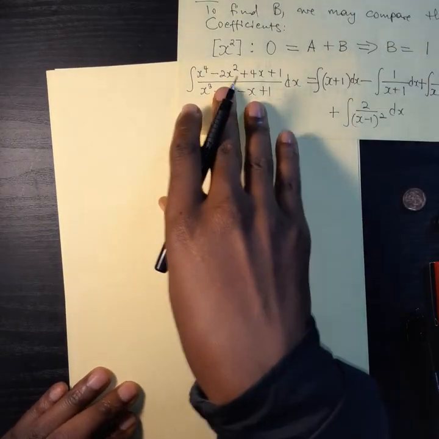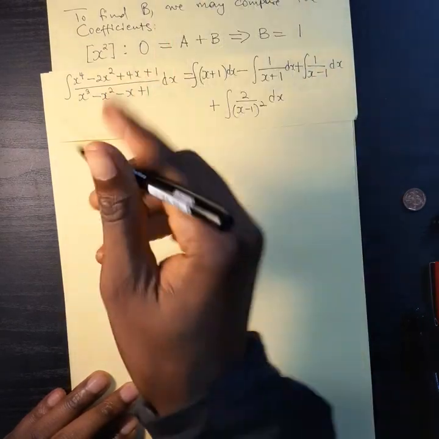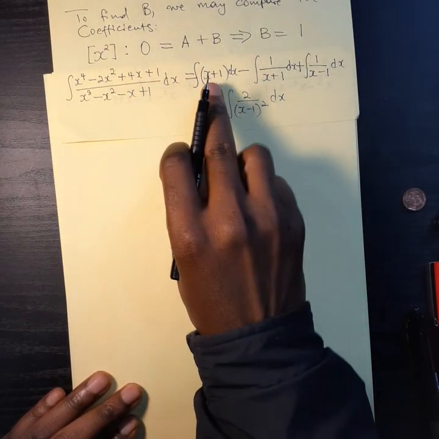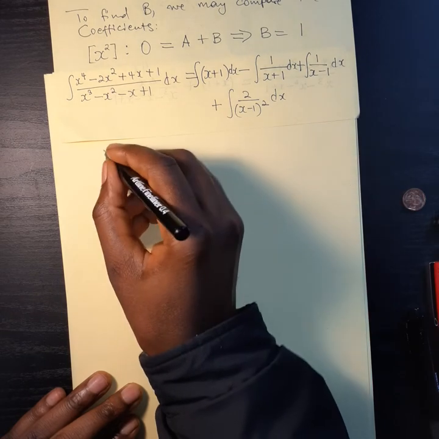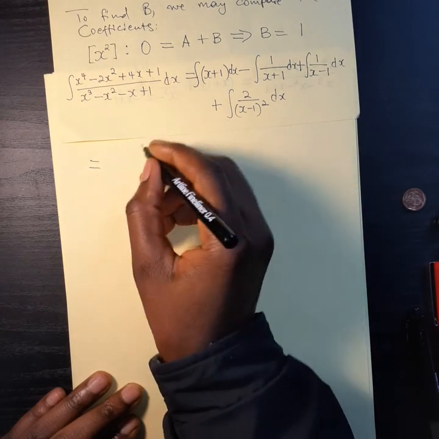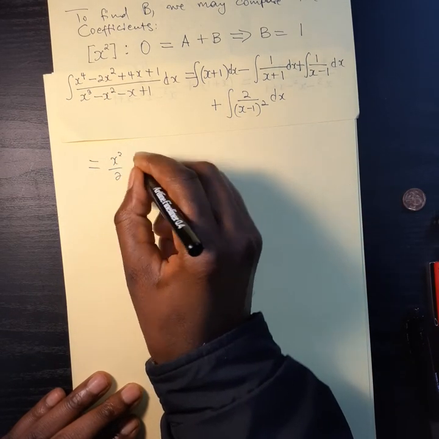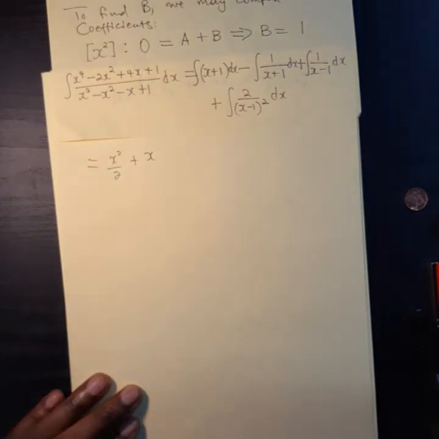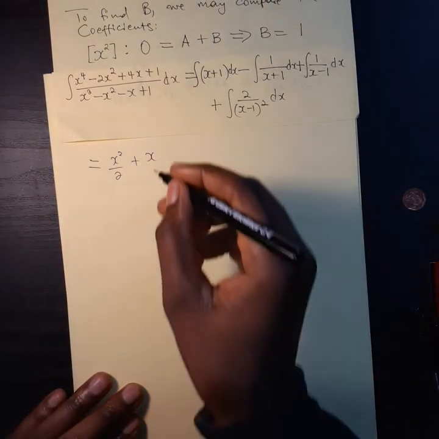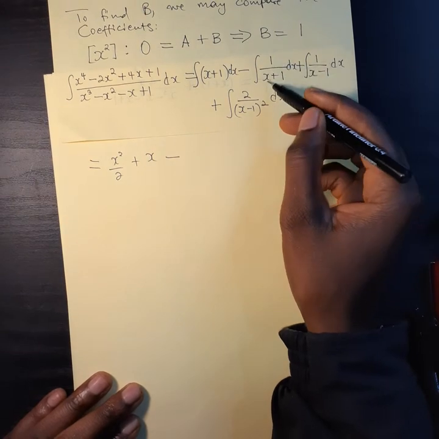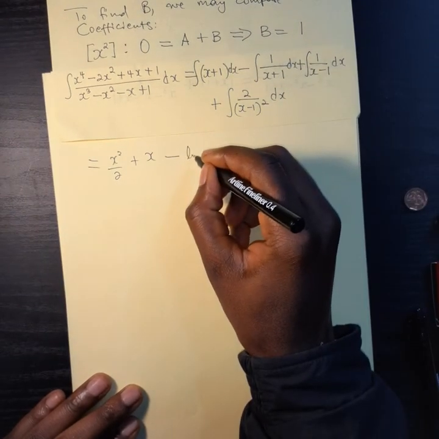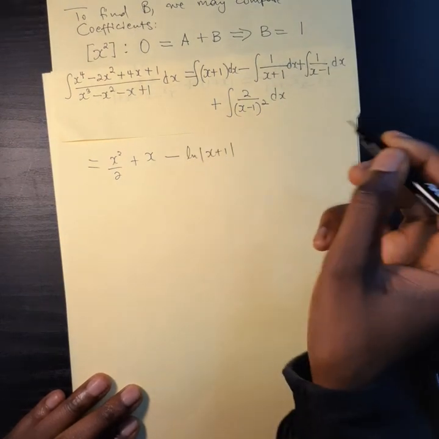x plus 1, let me write it here. The integral of x plus 1 is equal to x squared over 2 plus x. And then the integral of 1 over x plus 1 is the ln of x plus 1.